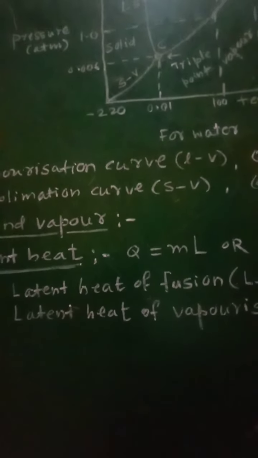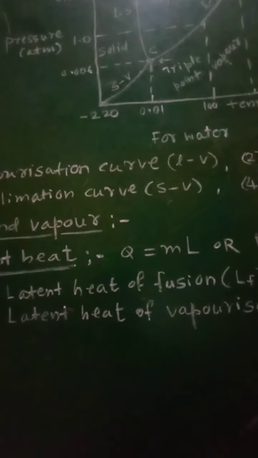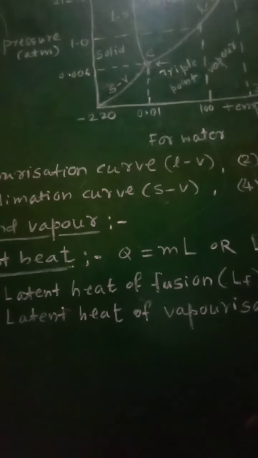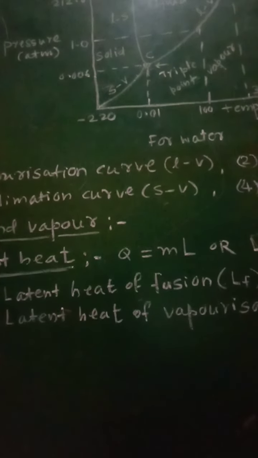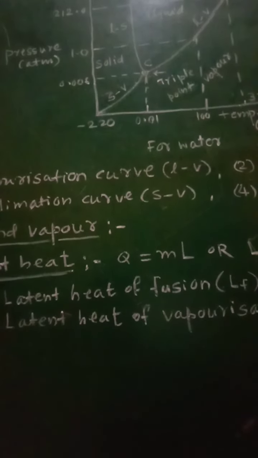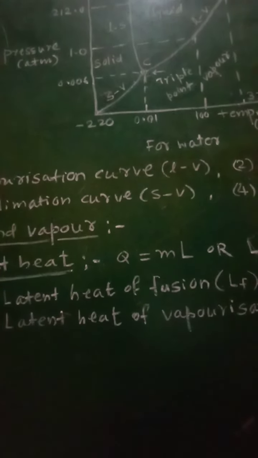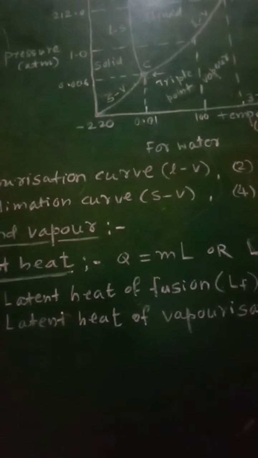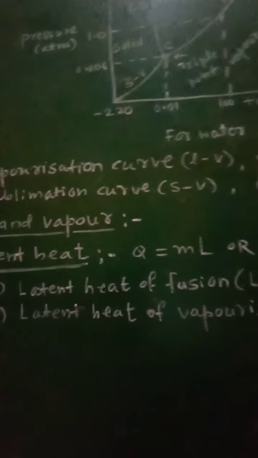On the other hand, the quantity of heat required to convert unit mass of a substance from its liquid state to vapor state at its boiling point without any change in its temperature is called its latent heat of vaporization, LV.